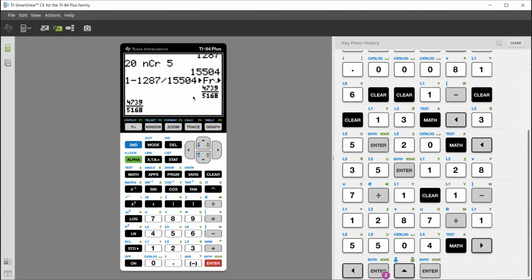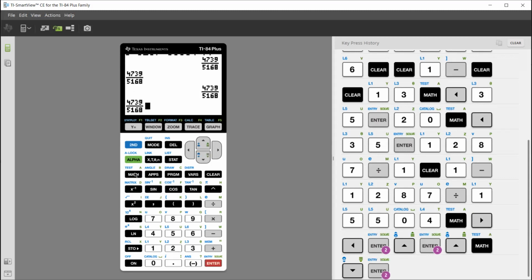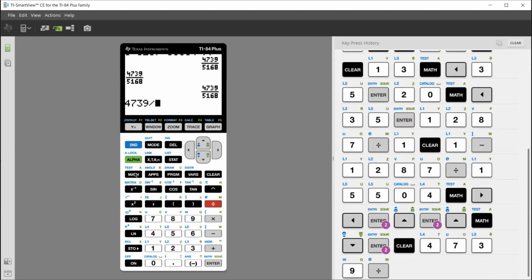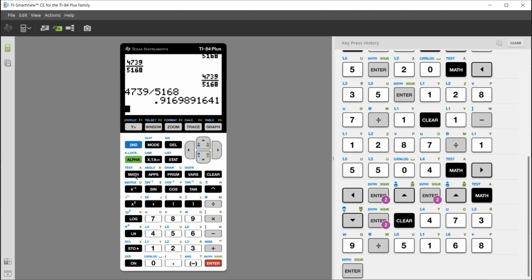And if I want to make that a decimal number, let me go math, convert to decimal just because that's there. Okay, that's weird. I don't know why. Okay, let's see. 4739 divided by 5168. Not sure why it didn't do that. There's my decimal.